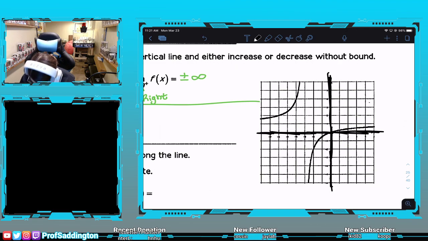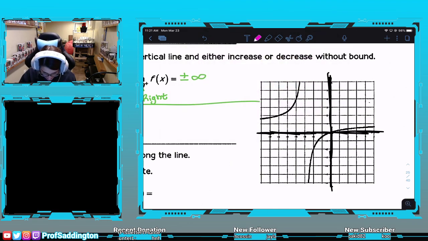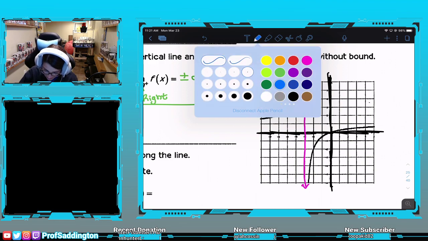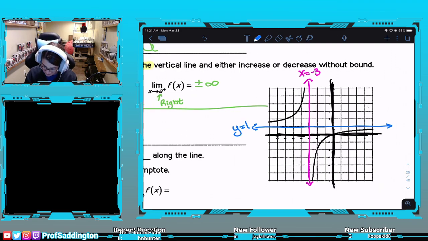That's our axis. All right, we can see we have a vertical asymptote here at x equals -3, and we have a horizontal asymptote here at y equals 1. So let's sketch those in. That's going to help us out.